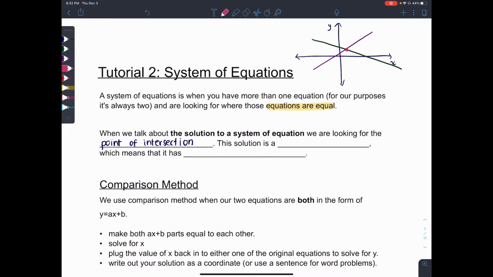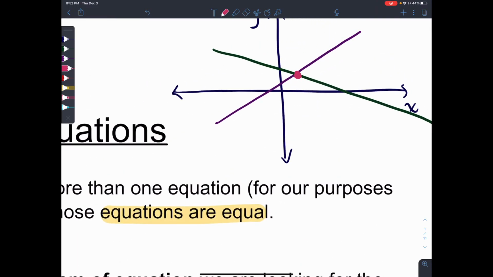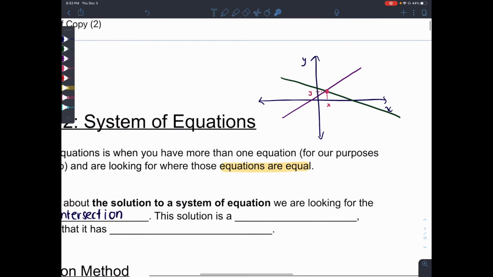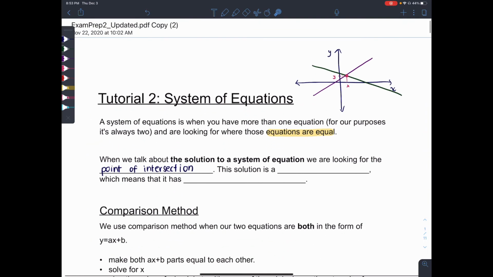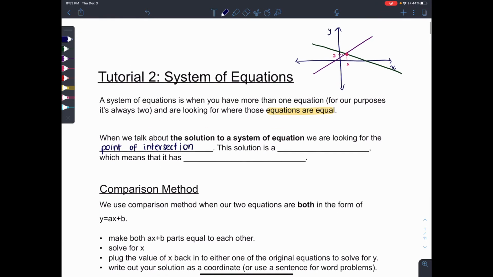So at this particular point, the x and the y value for both of these lines is exactly the same. They are equal at this point and only at this point. So the solution to a system of equations, the thing that we're looking for, is this point. It's a coordinate.